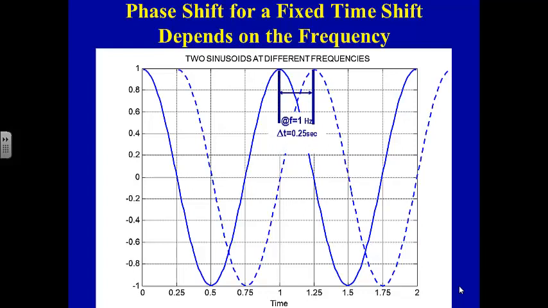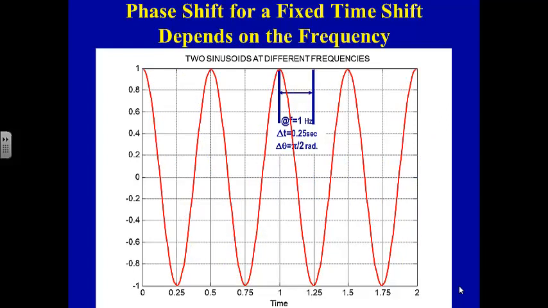Now if I look at how much of a cycle of the original waveform I advanced, I would have intersected the original function at about 1/4 of a cycle, or 90 degrees. So shifting by a quarter second was the same as advancing the phase of the cosine wave by pi over 2 radians.